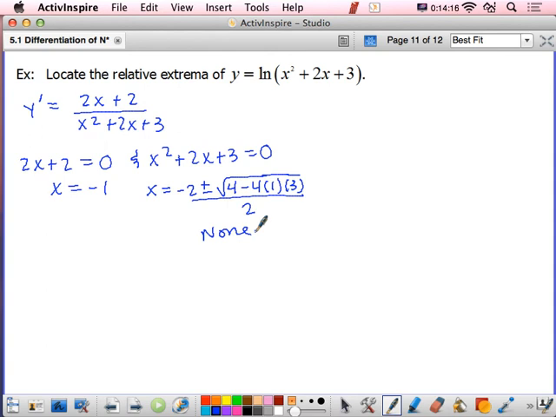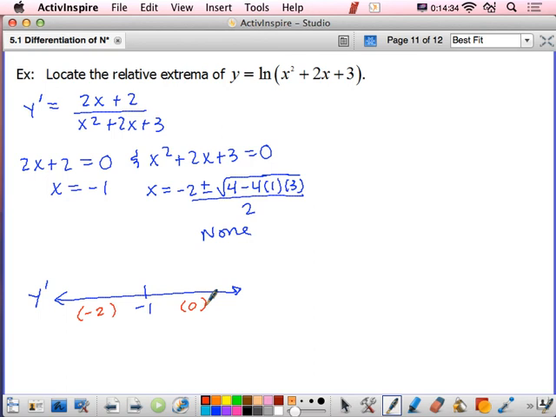So we'll make a y prime sign line. And then we'll pick a number from over here and from here. And where will we put it? Into the derivative, right.